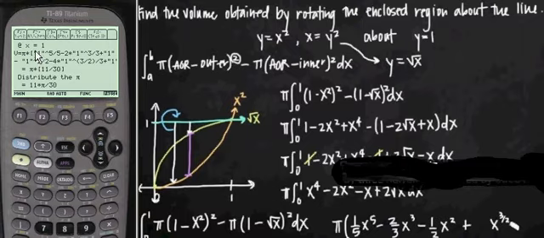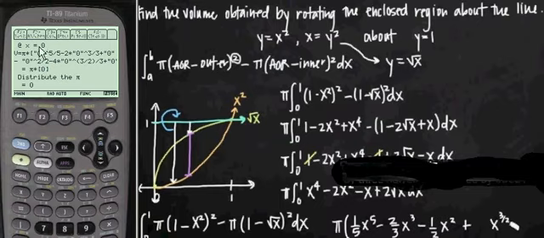The calculator does this automatically. So we're going to put quotation marks, 1 to the 5 divided by 5, and 2 times x to the third with 1 to the third, etc. Get the picture? So you write that on your paper because then you want to do the calculations of it. You're going to come up with pi times 11 over 30. You distribute the pi, 11 pi over 30.